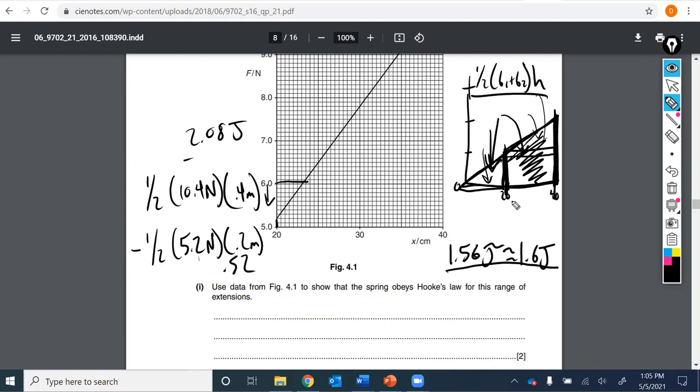It's like, if I could just measure this base, which would be the 5.2 number, this base is the 10.4 number. The height would then be the 0.2 meters. And so let's just do it real quick. It would be 0.5 times 10.4 plus 5.2 times 0.2.